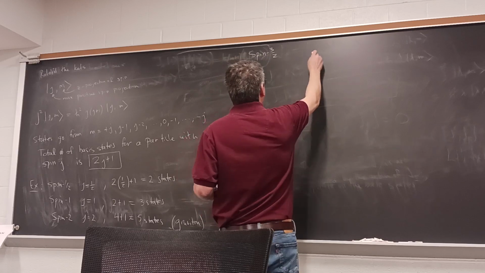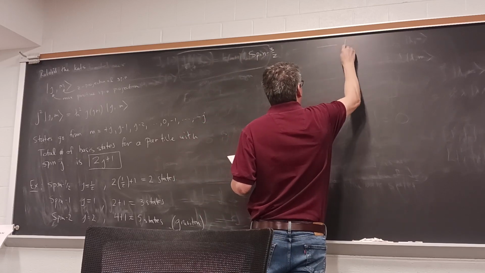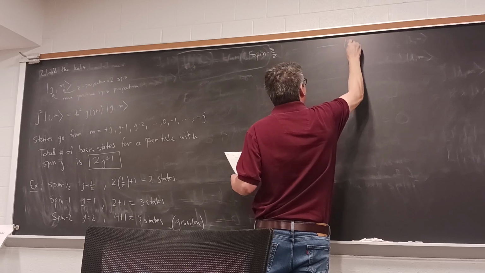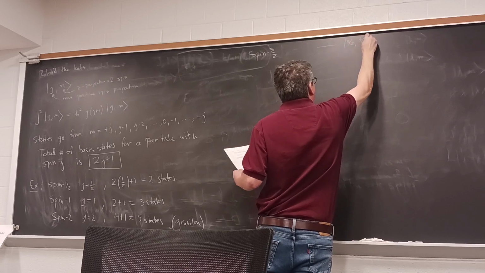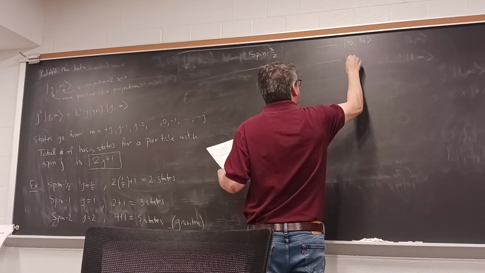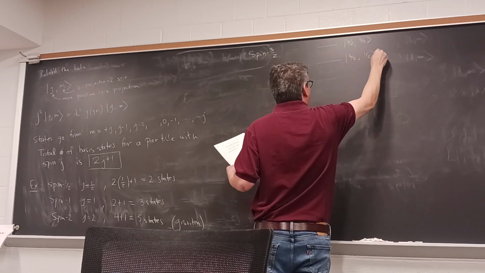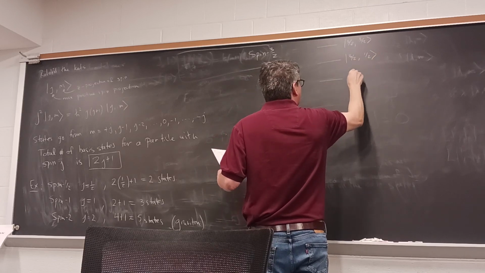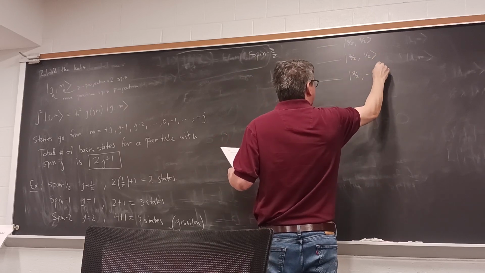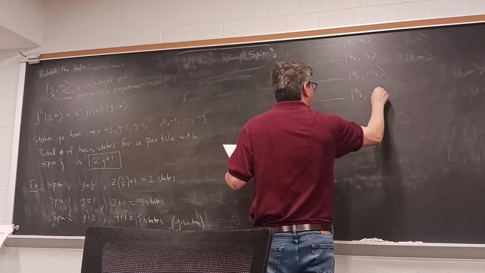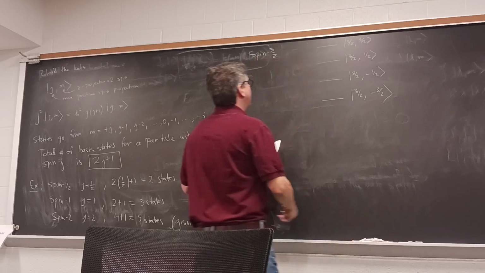So for spin 3 halves, you would have a top state. We would denote it 3 halves, 3 halves, and then we would start going down in units of 1. So 3 halves, 1 half. 3 halves, minus 1 half, and then 3 halves, minus 3 halves.